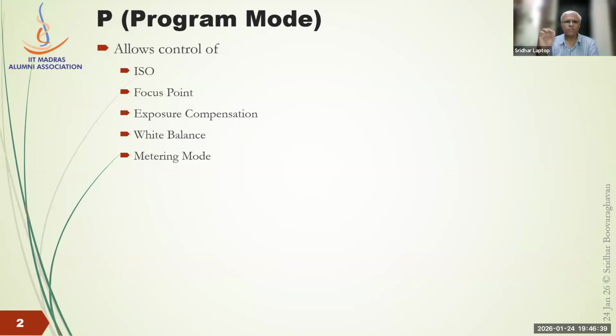You can do something similar in the SLR and digital cameras nowadays. You can touch the screen, or I'll show you another way of choosing a focus point using the camera that I have today.